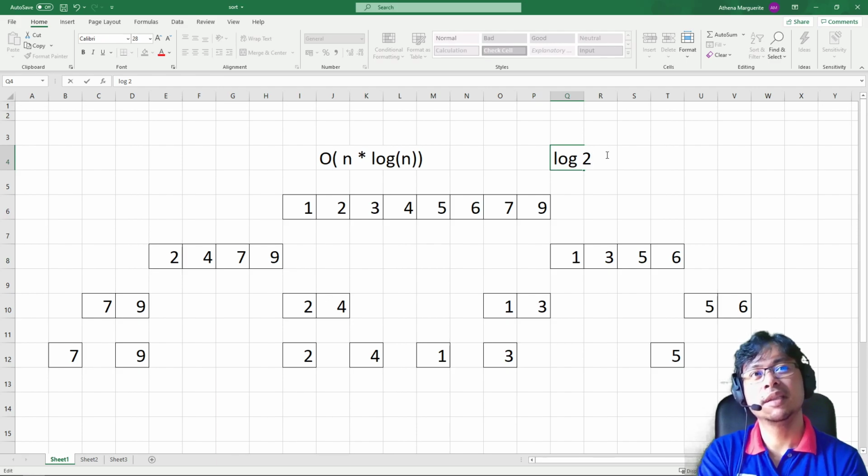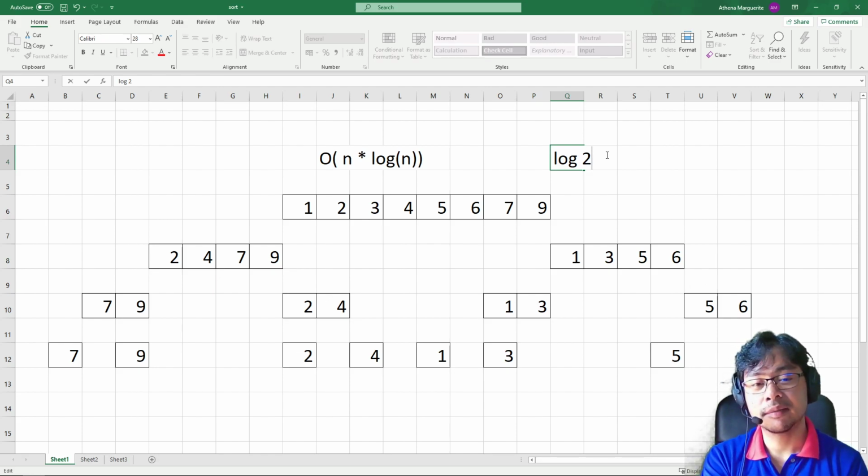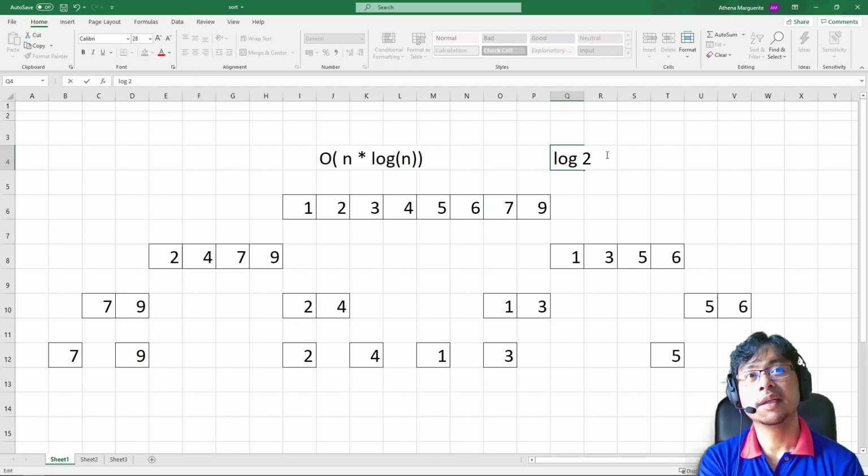But in computer science, since we're dealing with binaries, bits and bytes, we will always be dealing with log of 2. So when you say log of n in computer science, at least, we are actually dealing with log base 2.